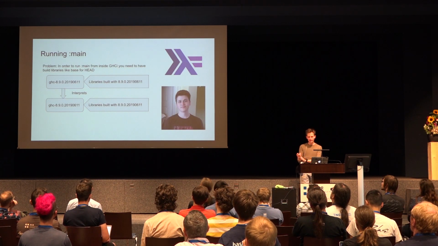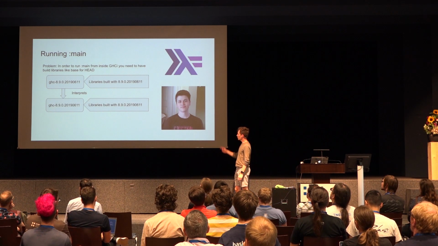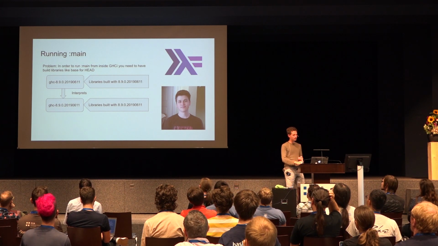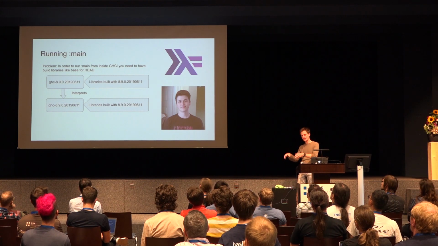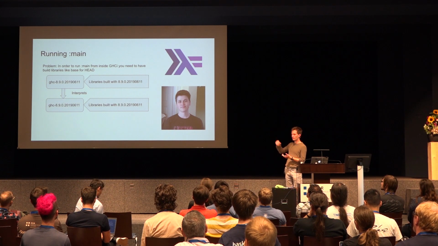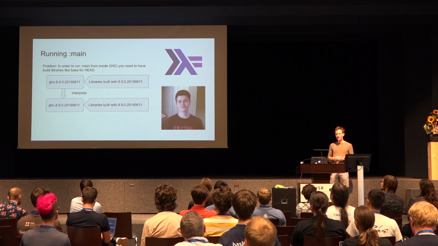Okay? So trying this main idea, and in the original GHCi script, this is how it works. First, you have to build a stage 2. And then you load GHC into the stage 2 compiler, which has the same versions of the libraries as the version of GHC you loaded into GHCi, and then you can run main, in theory.